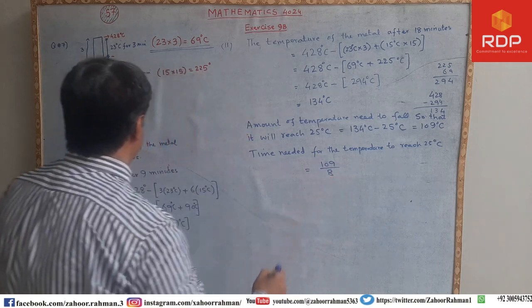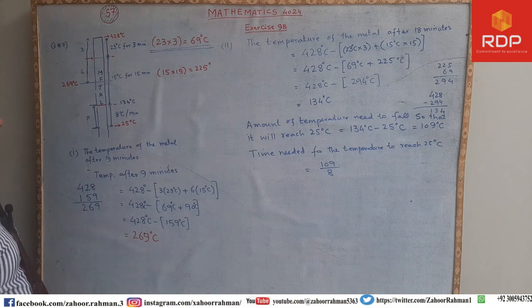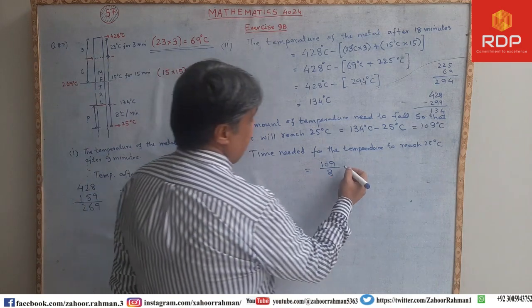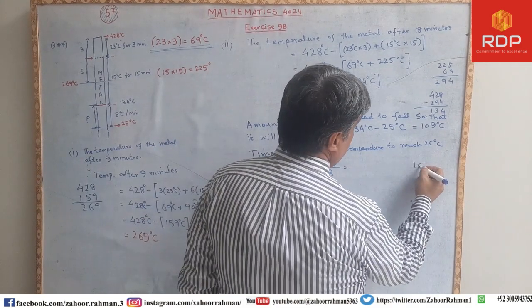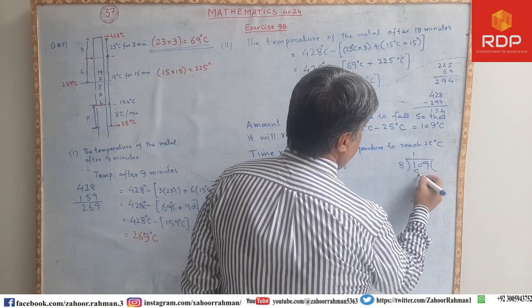Why divided by 8? Because they have given us that the temperature is reducing by 8 degrees Celsius, so we have to divide this 109 by 8.